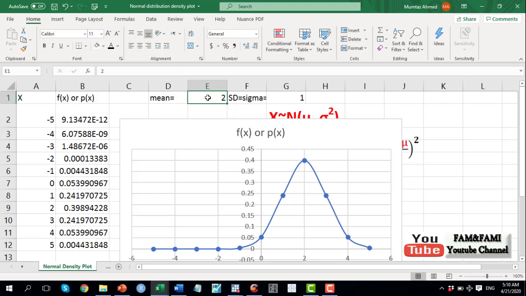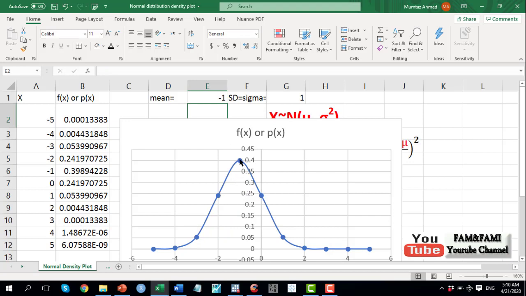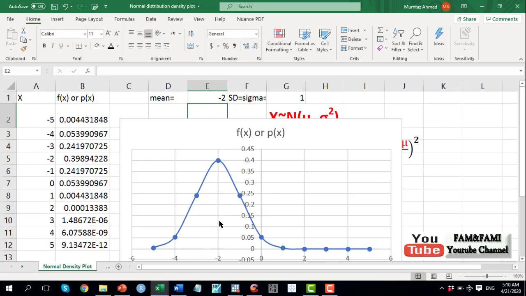So now change the mean back to 0. We got the same normal density curve with peak at 0, and now change the mean to -1. So now the peak got shifted to x equal to -1, then change it to -2, the peak got shifted to -2. This property of normal distribution is called translation property. Translation means it is being translated at a particular value of mean.